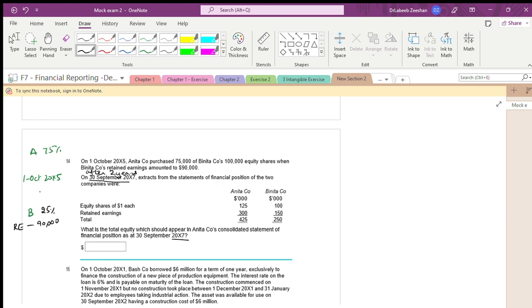On the date of acquisition, how much were the retained earnings? 90. So 150 minus 90, this is the pre-acquisition profit, into 75%. How much will you get? 45,000.